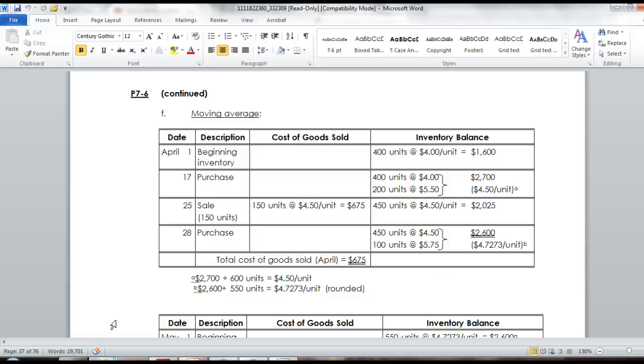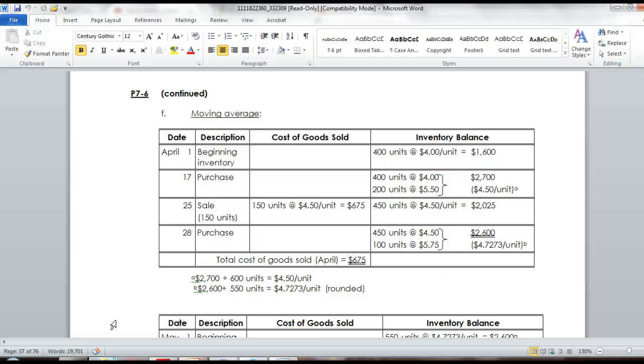So when we sell on April 25th, 150 units, we'll take that $4.50 unit price. And then from there, we know we have available still 450 units at that unit price of $4.50.